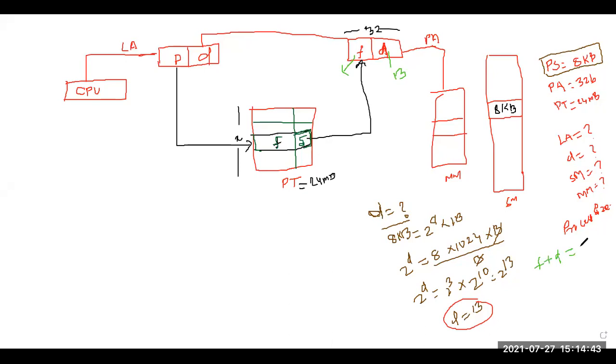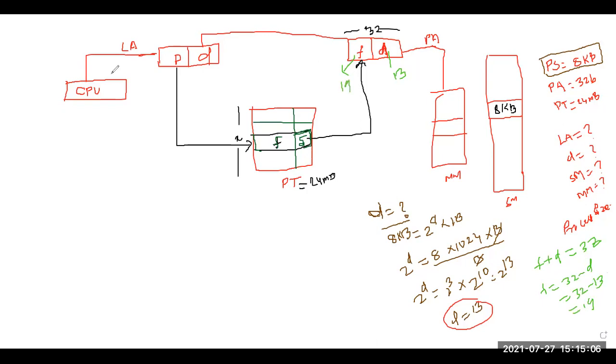F plus D is the physical address, and it is given as 32 bits. Now F will be equal to 32 minus D, that is 32 minus 13, which is equal to 19. Clear? Now this F will be 19.